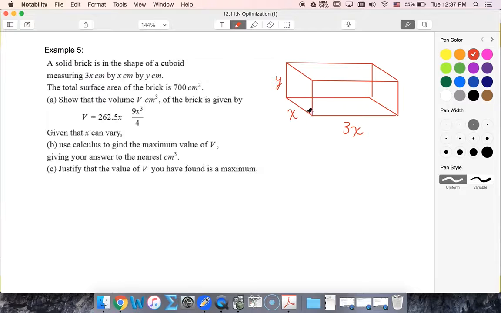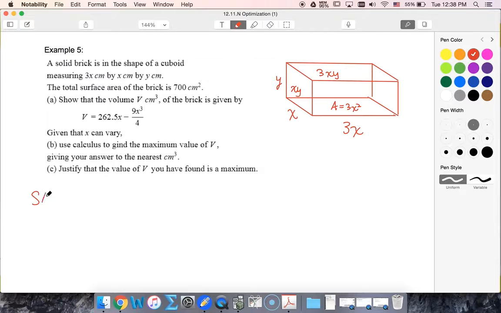Well, my area of this bottom piece is going to have an area of 3x squared. My area of this side piece is xy. And then my area of this back piece is going to be 3xy.